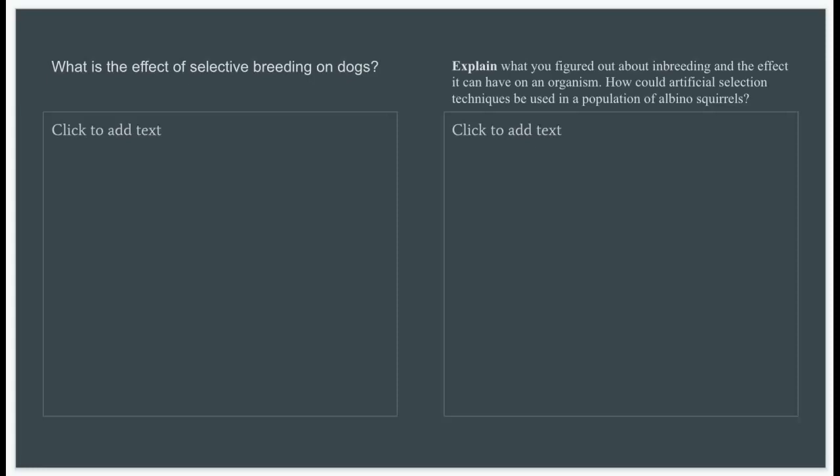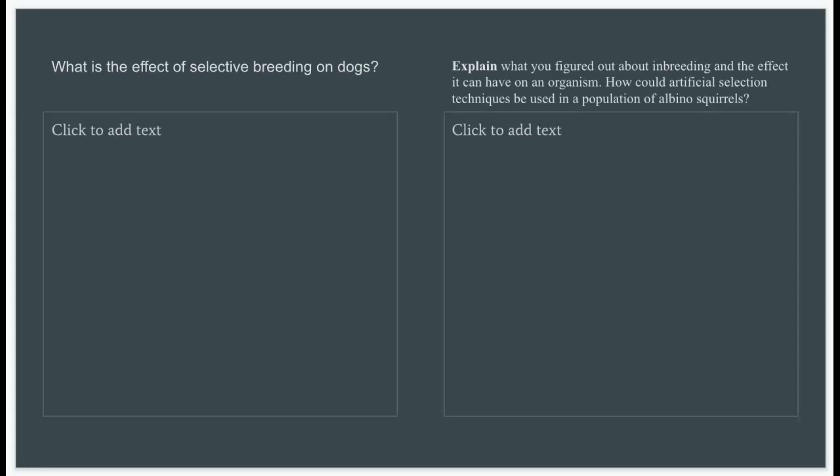If you are buying from a reputable breeder, they try to make sure that those traits are not found in the parents so that the puppies don't have them either. So it's important to buy from people who know what they're doing and understand genetics and the different traits that come along with breeding.